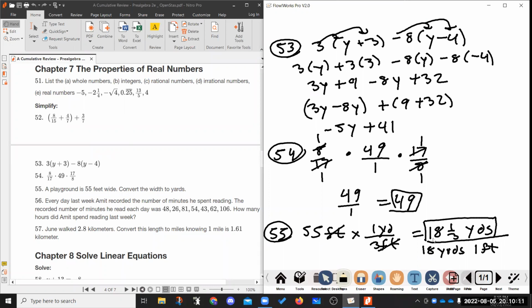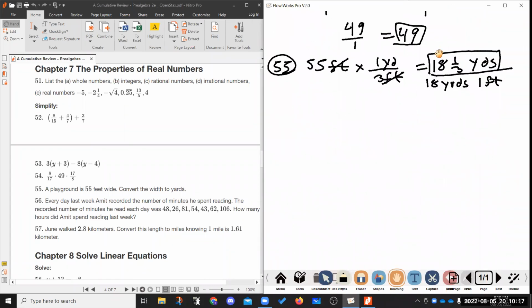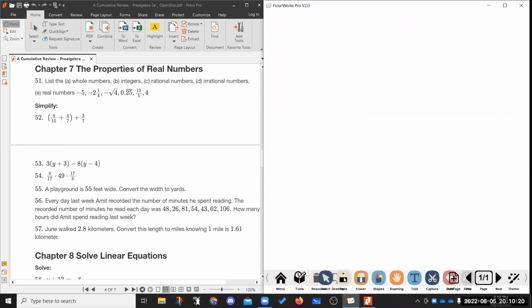Okay. Let's do number 56 now. Number 56 says that every day last week, Amit recorded the number of minutes that he spent reading. It gives us all of those minutes. It wants us to add them all up. 48, 26, 81, 54, 43, 62, 106.